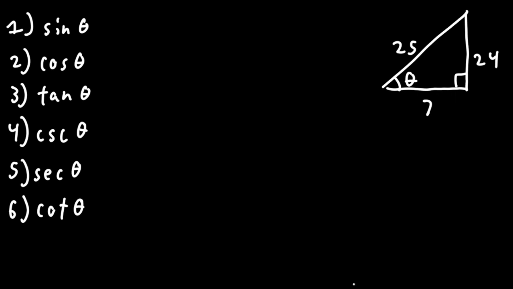Now, if you're still struggling with remembering what to do, I would suggest writing out SOHCAHTOA. Sine is opposite over hypotenuse. So sine of theta is the opposite side over hypotenuse, which would be 24 over 25.